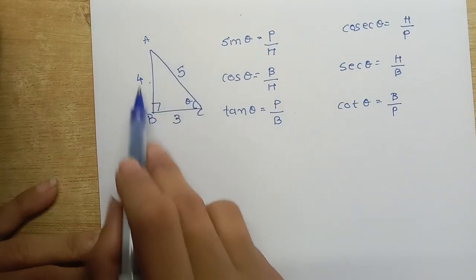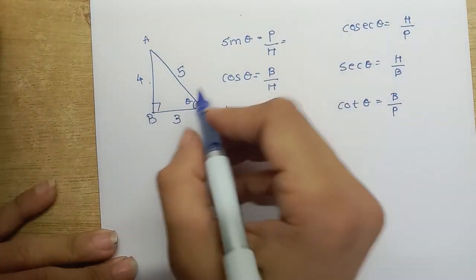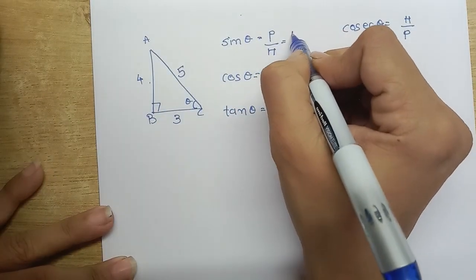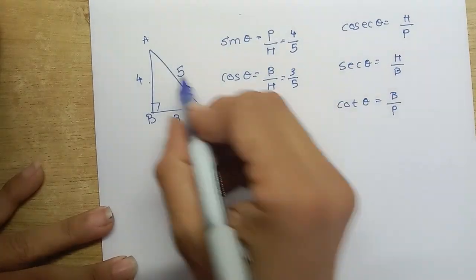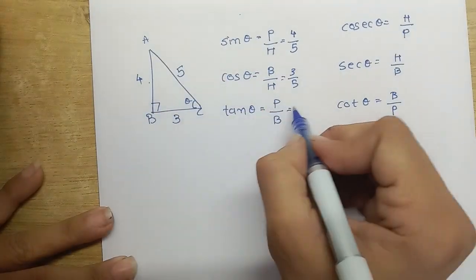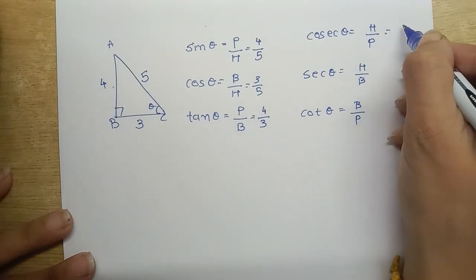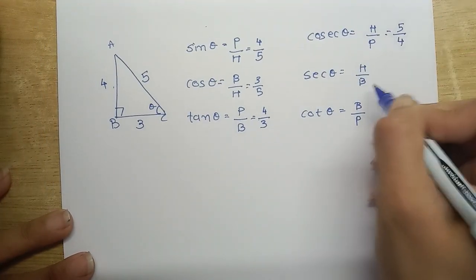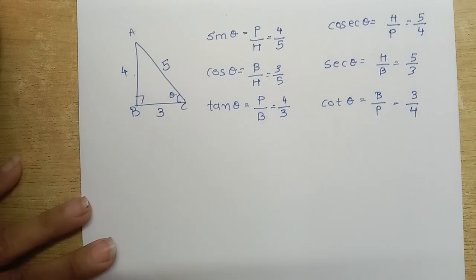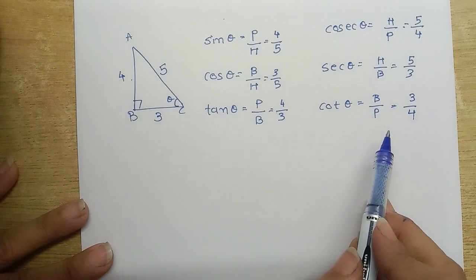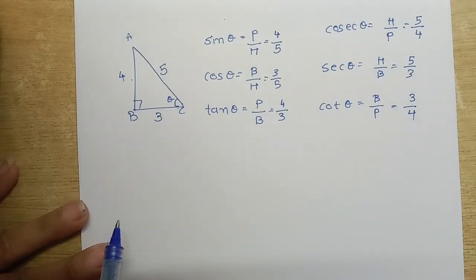Since we have found all 3 sides, now we substitute: sine is perpendicular 4 upon 5, cos is base 3 upon 5, tan is perpendicular 4 upon 3. Same way here it is 5 upon 4, 5 upon 3 and 3 upon 4. These 6 ratios we have found when the notified angle C is theta.